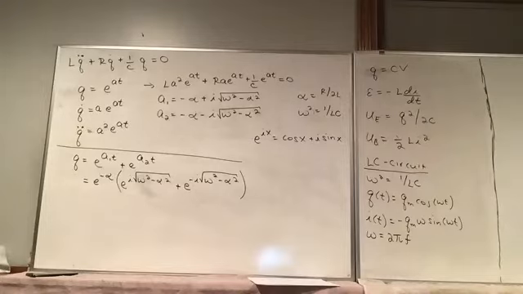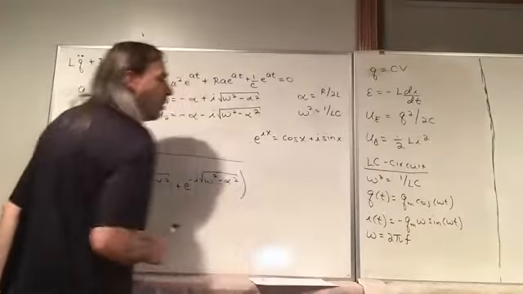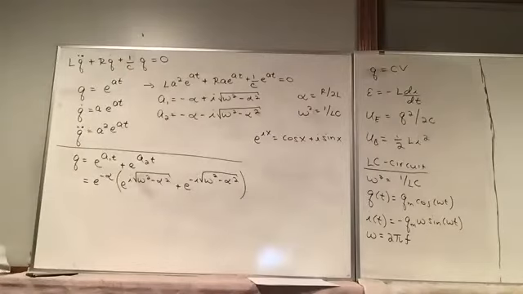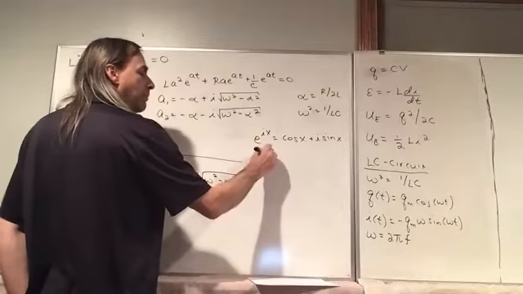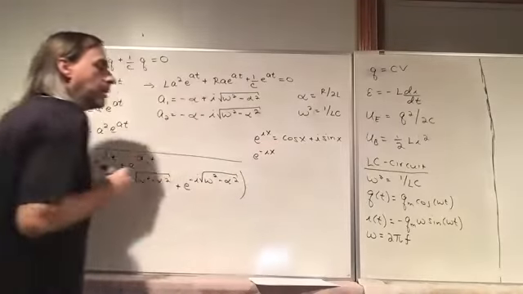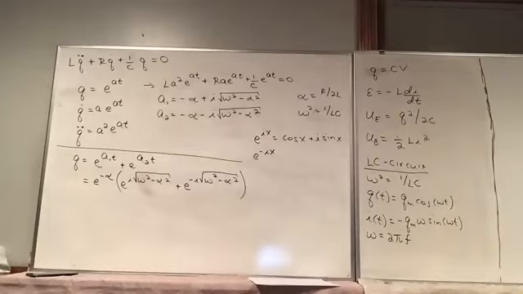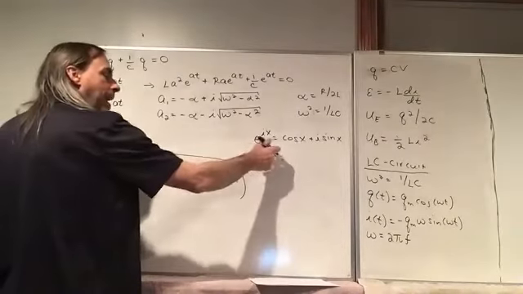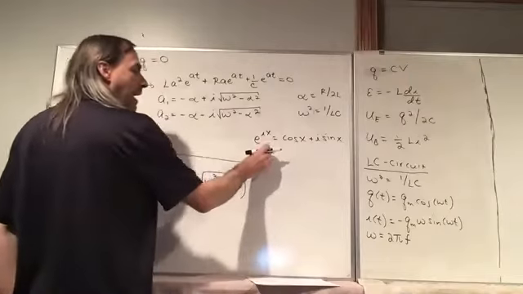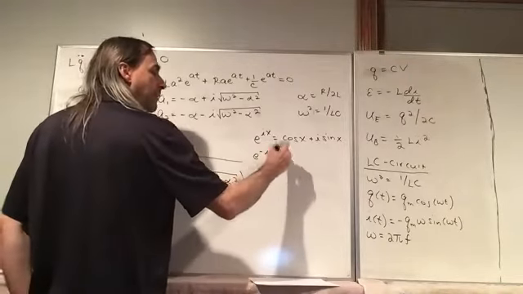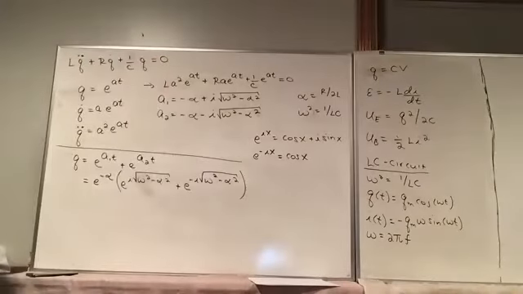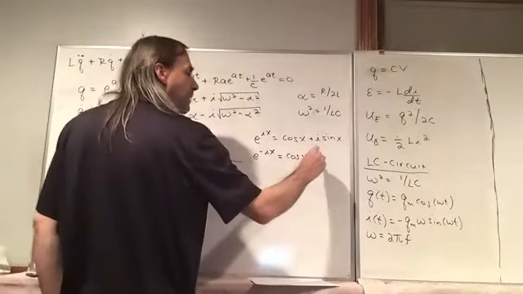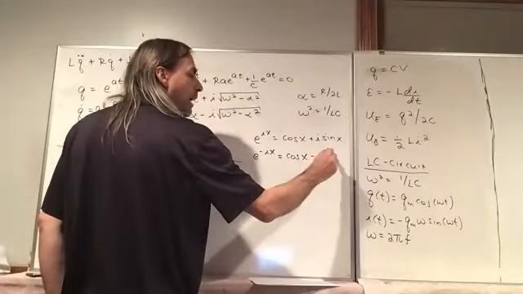And so again, if you haven't seen it before, this is due to Euler, one of the greatest mathematicians of all time. And we're going to use that. So what about e to the minus ix? Well, this is e to the I times minus x. So we'd have cosine of minus x. But remember, cosine of minus x is just cosine of x. But sine of minus x is minus sine of x.